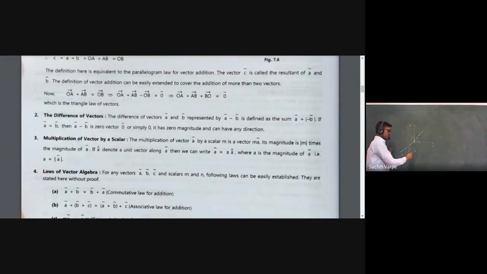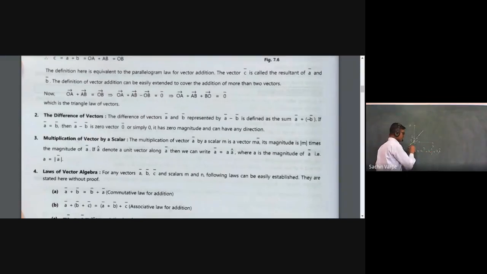Okay, so if we have any vector a bar, then I can write that vector in terms of i cap, j cap, and k cap. How? In terms of coordinates. If I have a1, a2, a3 as the x coordinate, y coordinate, and z coordinate of this vector, then I can write a bar as a1 i cap plus a2 j cap plus a3 k cap.